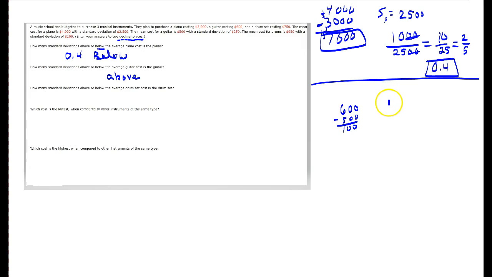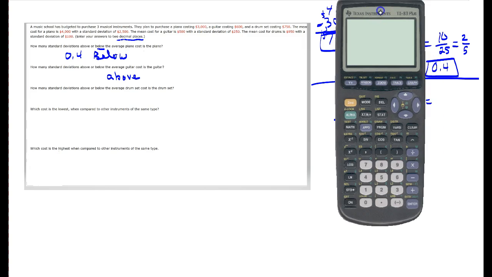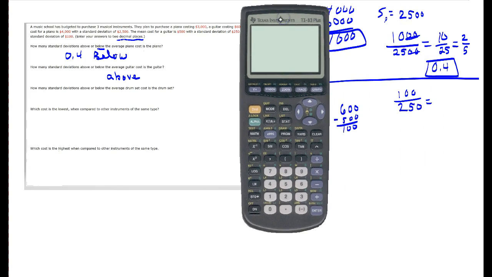Again, what's the standard deviation of a guitar? It looks like it's 250. So we take the 100 and divide by the 250. And again, we could use our calculator. Don't be afraid to use your calculator if you want to. Well, maybe I will if this one will come on for me.